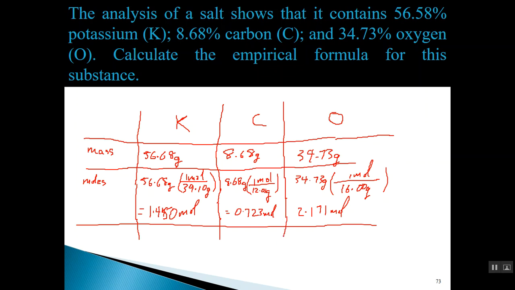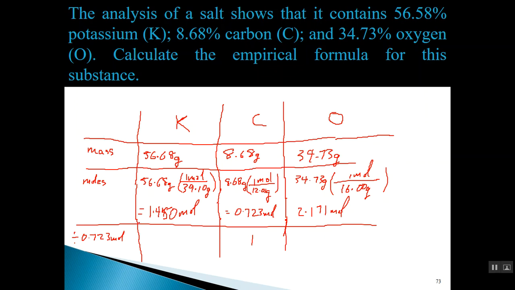All right. And then the next step is that I identify which of these three numbers is the lowest, and that would be the number of moles of carbon. So what I would do is divide right through by the lowest value, 0.723 moles. If I divide this by itself, I'm going to get 1 here.